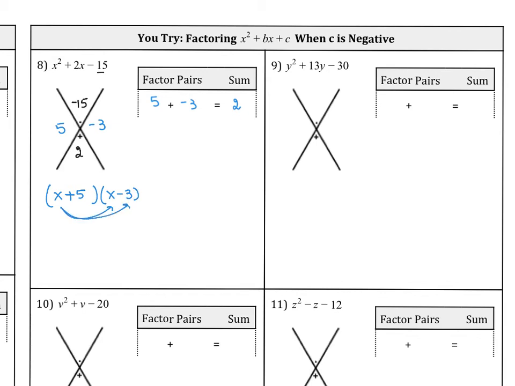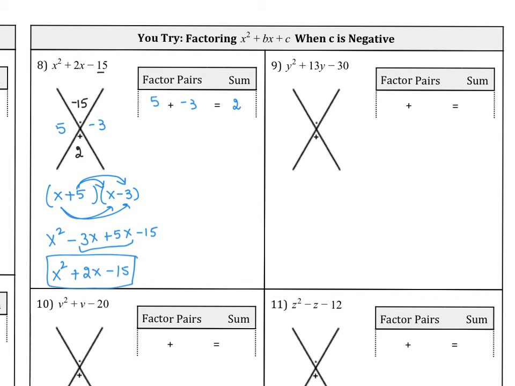You always FOIL them back to make sure we have the correct factors of the given standard equation. X times x is x squared, and then you're going to have negative 3x plus 5x minus 15. Combine the like terms, x squared plus 2x minus 15, and that's what you had originally as a standard form.